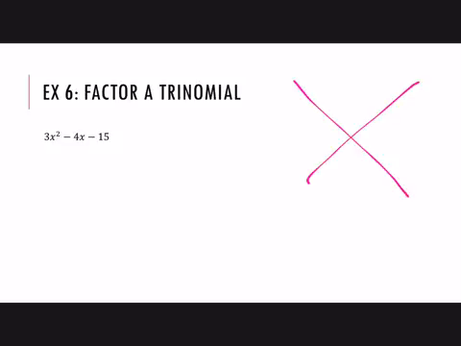Okay, so same method. And a times c is 3 times -15, or -45. And then b is -4. All right, so factors of 45 that add up to be -4.